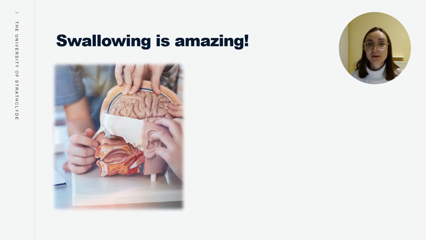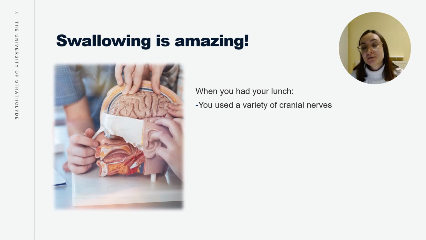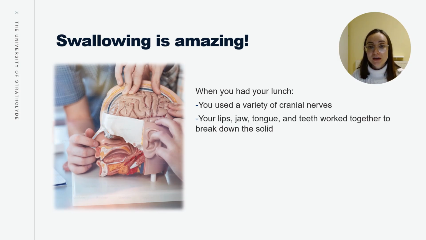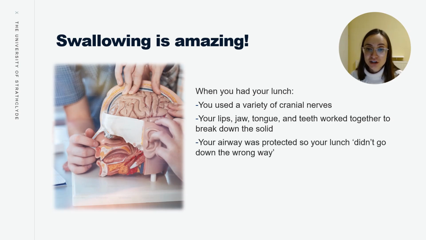As speech and language therapists, we also support people who have difficulties with eating, drinking, and swallowing. Swallowing is amazing, and I want you to take a moment to appreciate that. For example, when you last had your lunch, you used a variety of cranial nerves, and these are nerves that start in your brain and reach different parts of the body and command them to move. For example, they would make your lips, jaw, tongue and teeth move together to chew and break down the food that you put in your mouth during lunch.